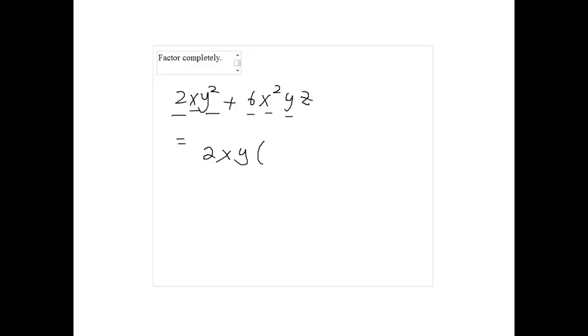These factors are the ones that both terms have in common. So by dividing both terms by 2xy, we get y for the first term, and we get 3x and z for the second term.